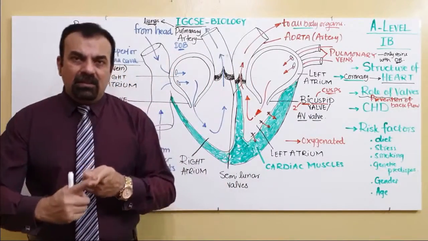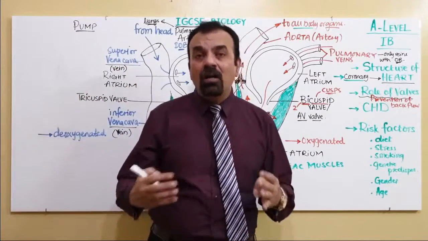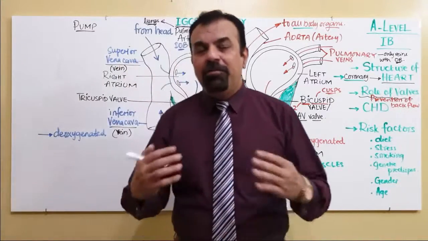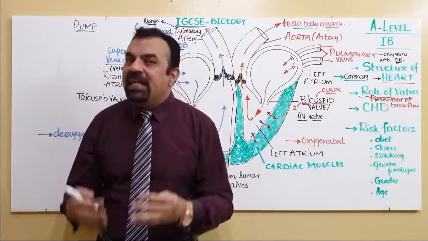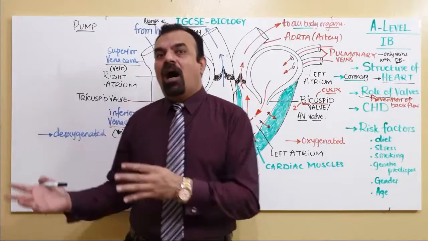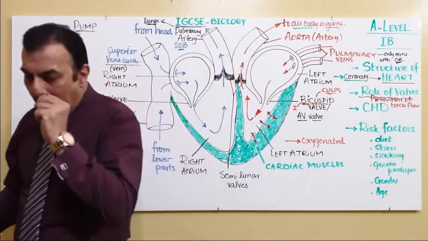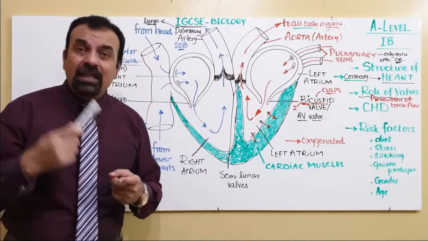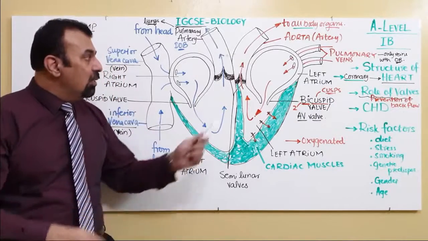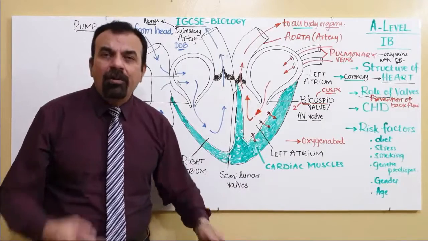The cardiac muscles start working even before our birth. And then they keep on beating even sometimes after the death. So they never take rest. They never tire. They don't sleep.